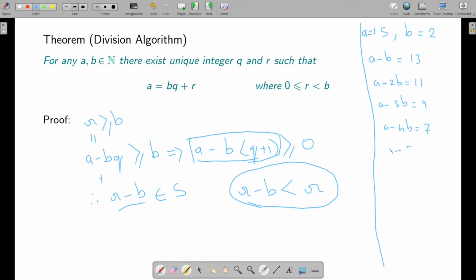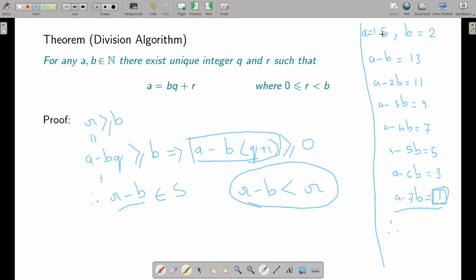a minus 5b is 5. a minus 6b is 3. a minus 7b is 1. So you can see what happens here. This is now the smallest positive number that I can achieve. If I go one more step, a minus 8b, I'm going to get a negative number. So I stop here. So you can see this is what my remainder will be.